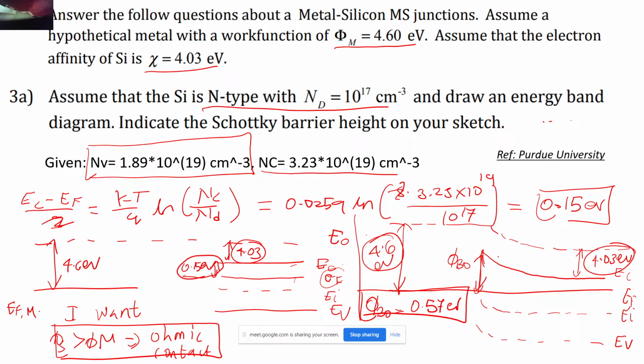It should decrease. Okay, if EC minus EF is going to decrease, then the Fermi level should go down, exactly. If the Fermi level is going down, that means the material is becoming less n type or more p type. The n type dopant concentration should decrease, right?